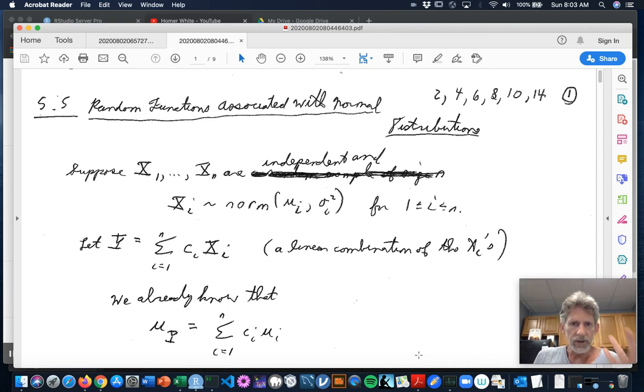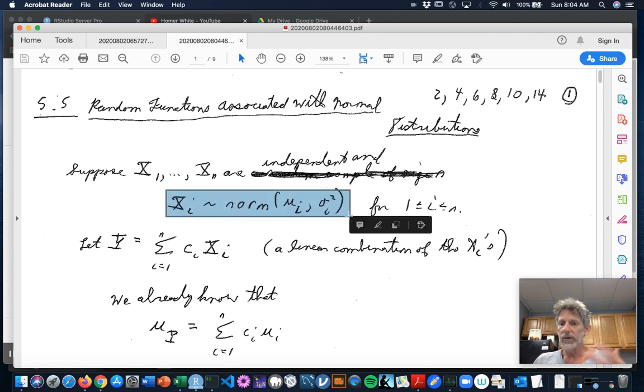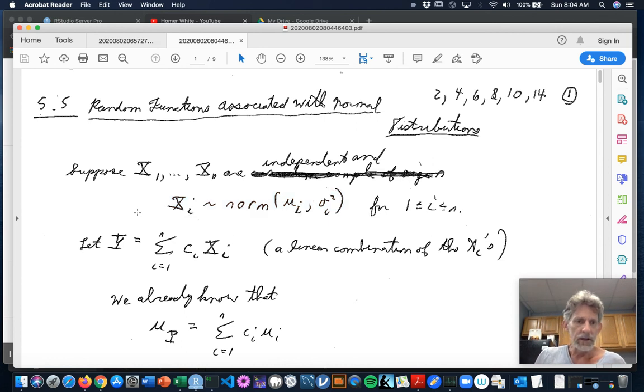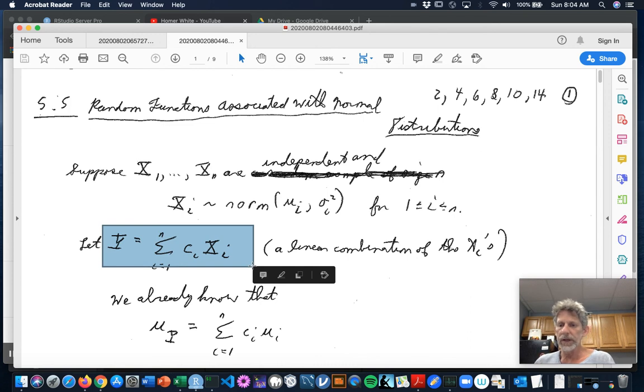So let's get started. Suppose that x1 through xn are independent, and each one of them is normally distributed, but with its own mean mu i and its own variance sigma i squared. And let's let Y be a linear combination of the Xi's, so the sum of a constant ci times Xi. For some reason in this section, the textbook calls the constant ci instead of ai, whatever.